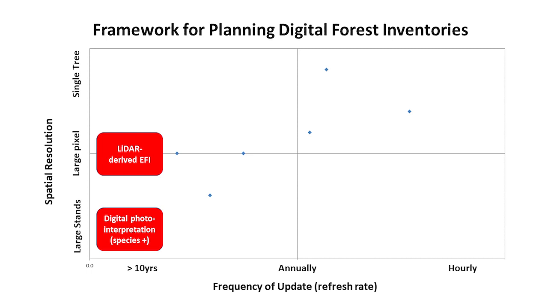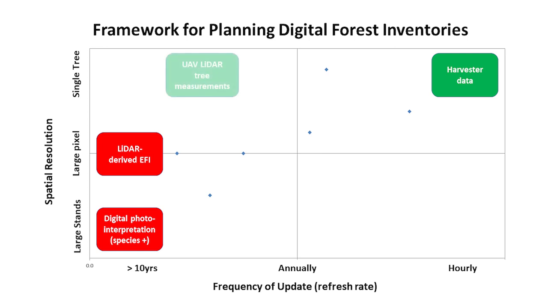Now, the big breakthrough we did around 2012, 2013 with LiDAR-derived enhanced forest inventories. Well, we're here. So I don't think we'll fly LiDAR any earlier than every 10 years, if ever. And we're dealing now with a large pixel, 20 meters by 20 meters is the standard the province approved.